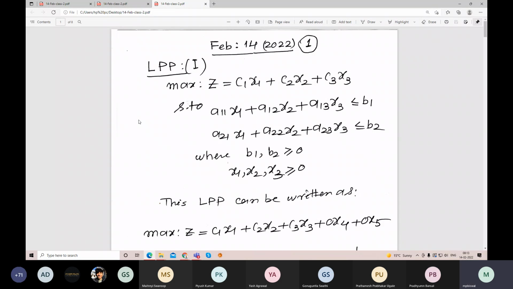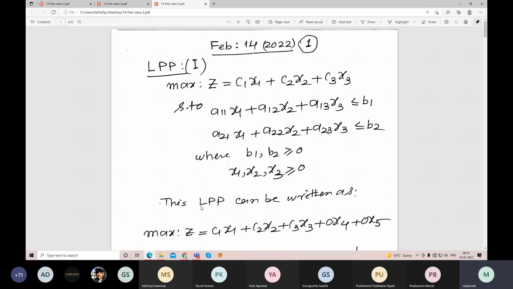If all the columns, basic and non-basic variables, are there, that is an extended table. We only use the condensed table because we are solving problems manually.